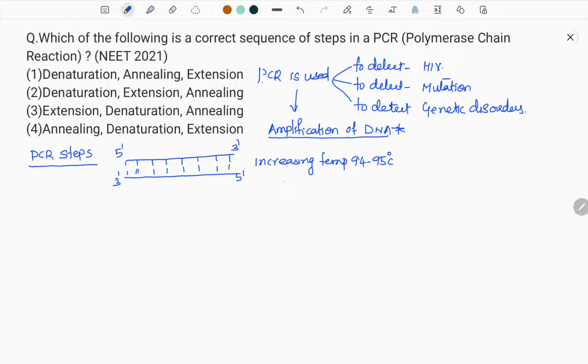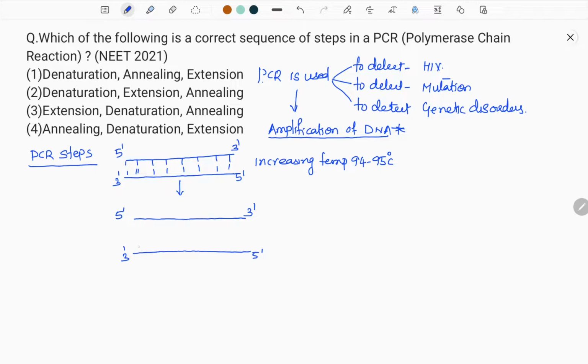At this temperature, the two DNA strands get separated. That is, the hydrogen bonds present between the two DNA strands are broken down, and the double-stranded DNA will become single-stranded DNA.